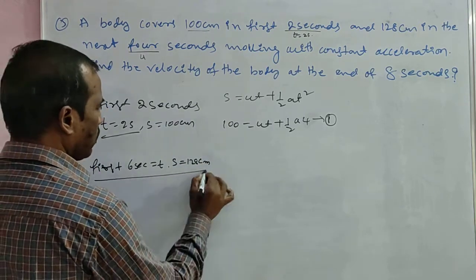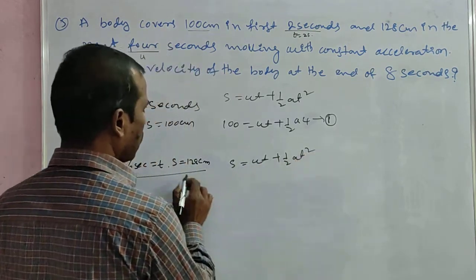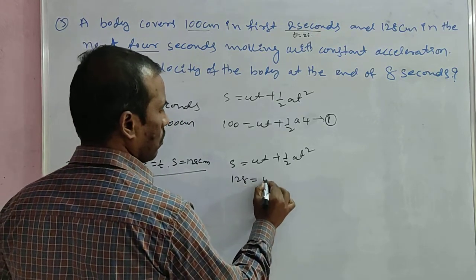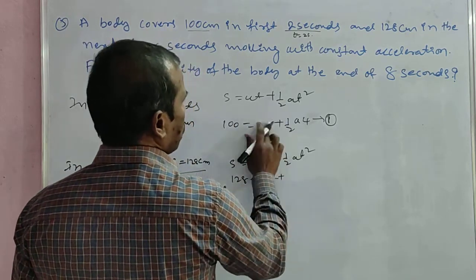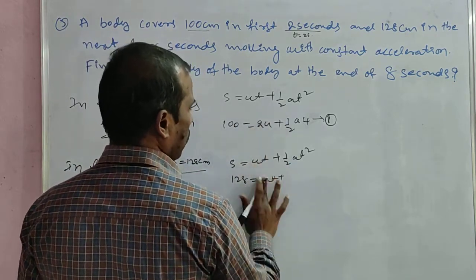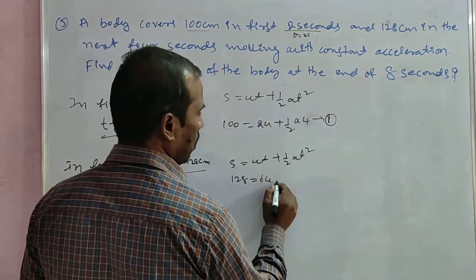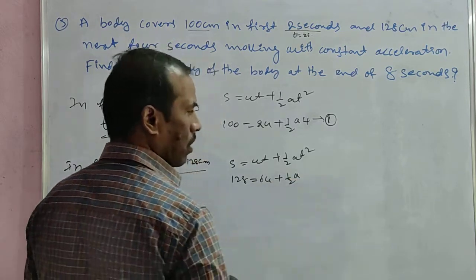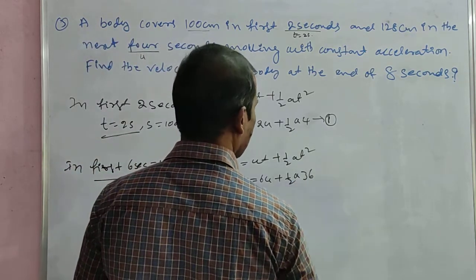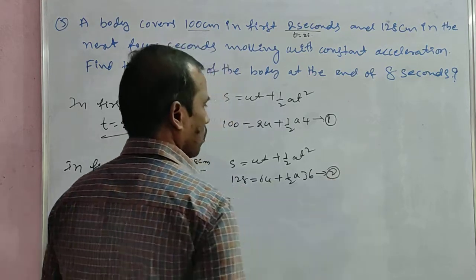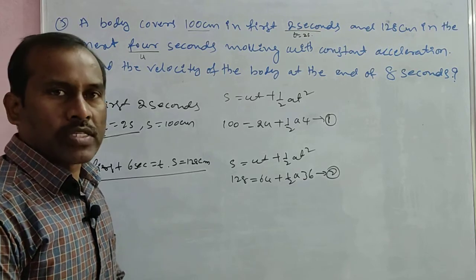In this formula S is equal to ut plus half at square, so here S is equal to 128, is equal to u times 6 plus 1 by 2 into a into 6 square, that is 36. This is equation 2. Now from equation 1 and 2, we determine the initial velocity of the body.